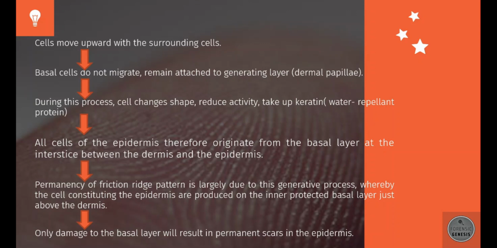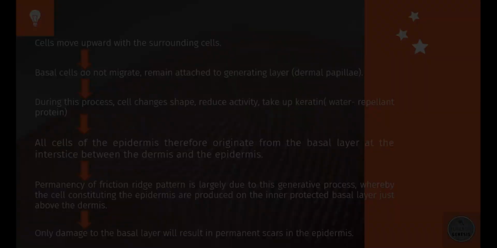So the permanency of friction ridge pattern is largely due to this generative process, whereby the cells constituting the epidermis are produced on the inner protected basal layer just above the dermis. Only damage to the basal layer will result in permanent scars in the epidermis.